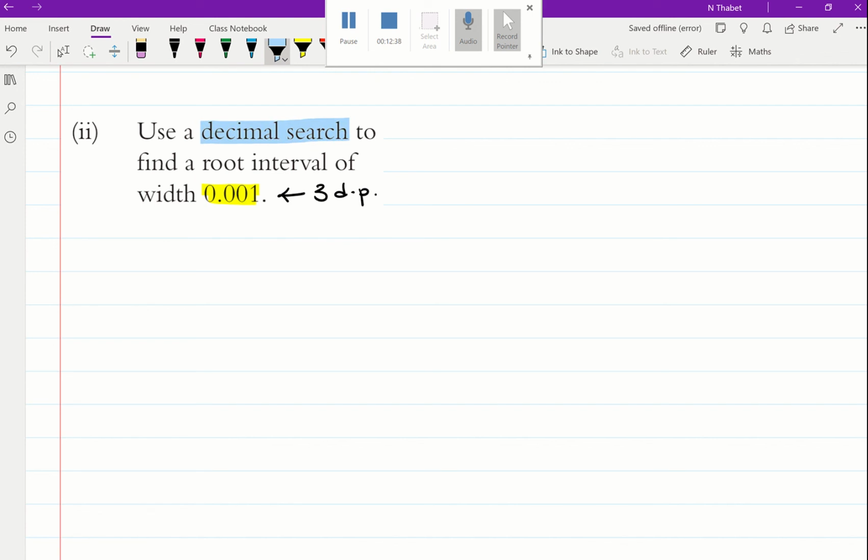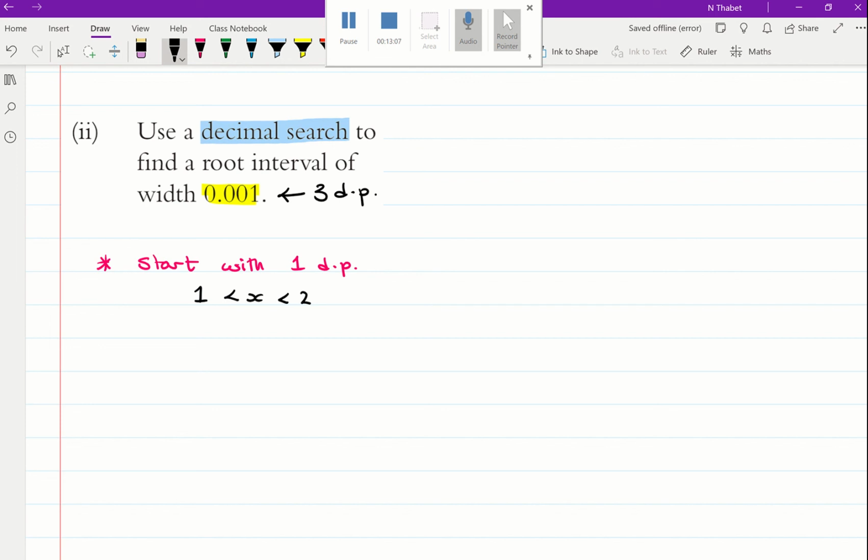Now, to be able to do this, you need to start with 1 decimal place intervals and then increase your intervals. So start with 1 decimal place and you're going to be increasing. So my interval is from 1 to 2.